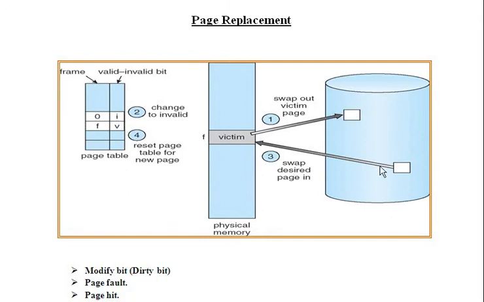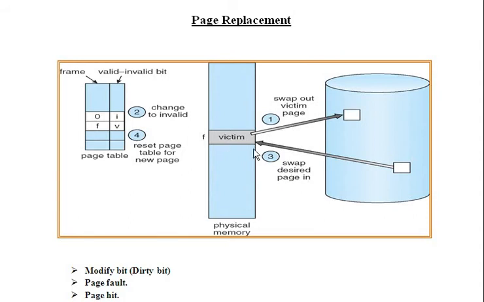The third step is swapping in the desired page asked for by the CPU and placing it in physical memory, and this also has to be updated. Reset the page table for the new page. Now earlier F was invalid, now it is valid. I think it is clear now how page replacement takes place in four steps. First, swapping out of the victim page.